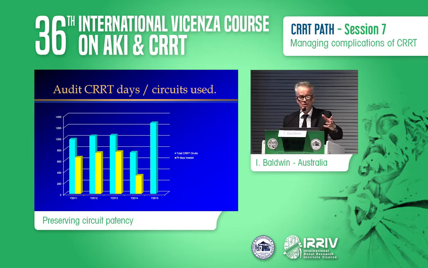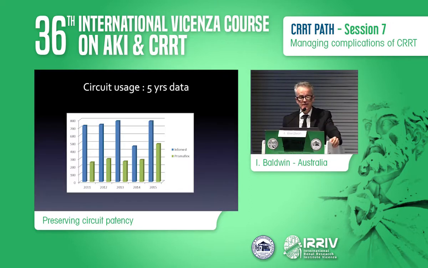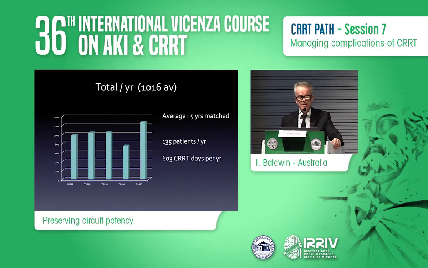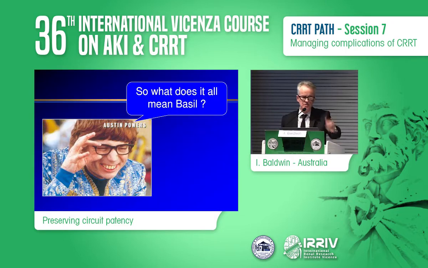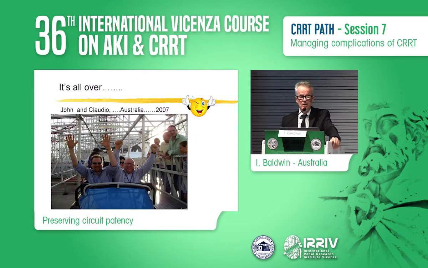And if you audit your data, indicated here by circuit usage, this is the two machines we use, it gives you some sense of associating the number of patients that you have and the treatment days to then give you a calculation of how many circuits per day you're using, and 1.6 or 1.5 is about 20 to 22 hours. So that matches my comment and my data from over some years.